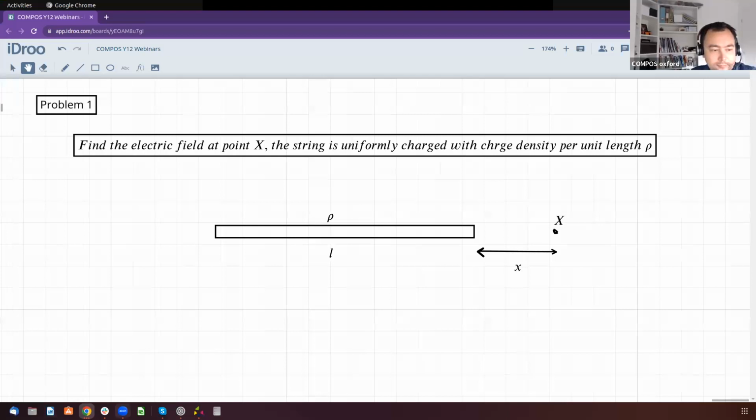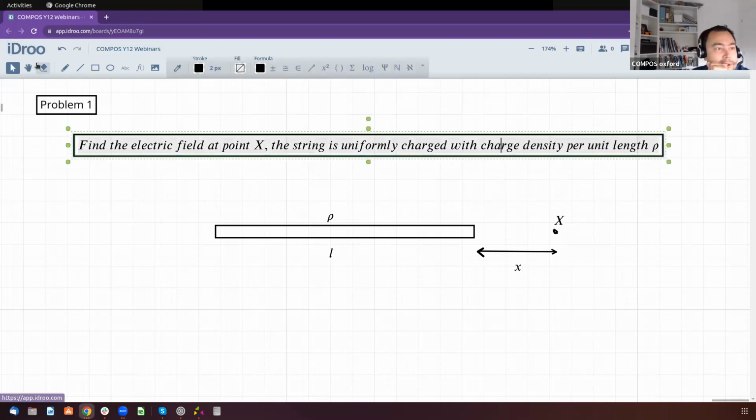So I'll share my screen. Make sure the chat is here. Good. Right, find the electric field at a point X. The string is uniformly charged with charge density per unit length rho.